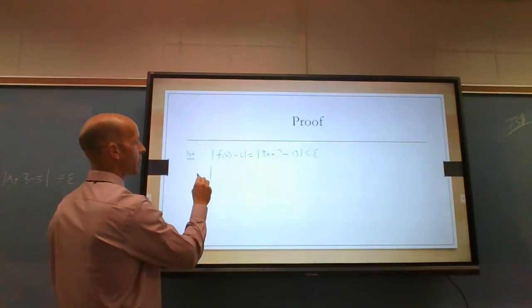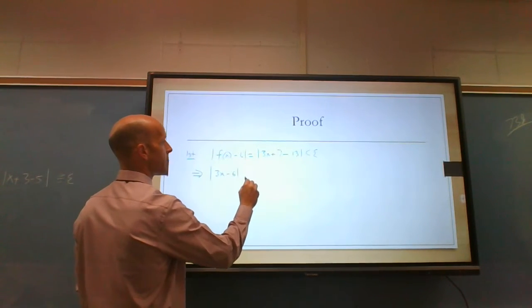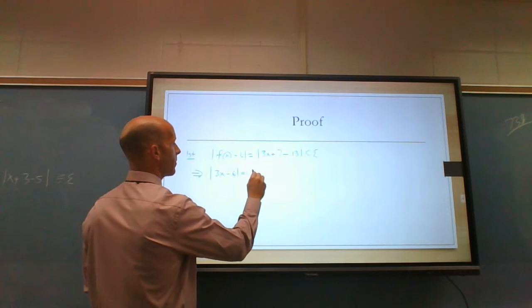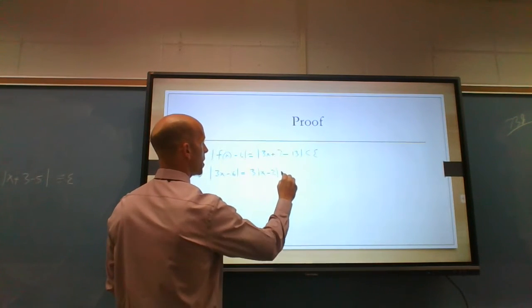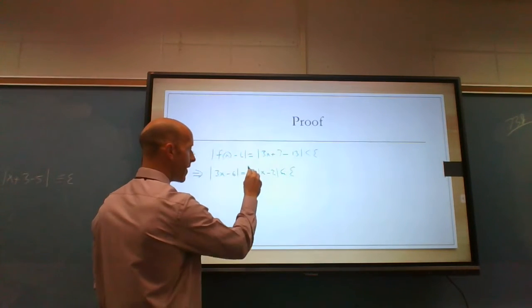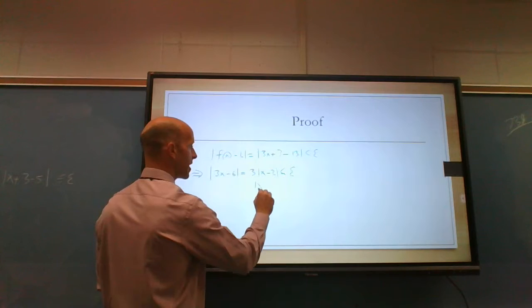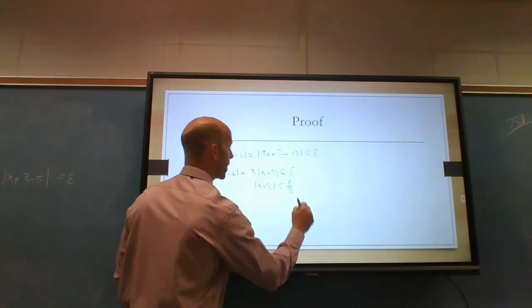So we've got 3x minus 6, which is the same thing as 3 times the quantity x minus 2, and this is less than epsilon. Now we can divide by 3, so we can say that the absolute value of x minus 2 has to be less than epsilon over 3.